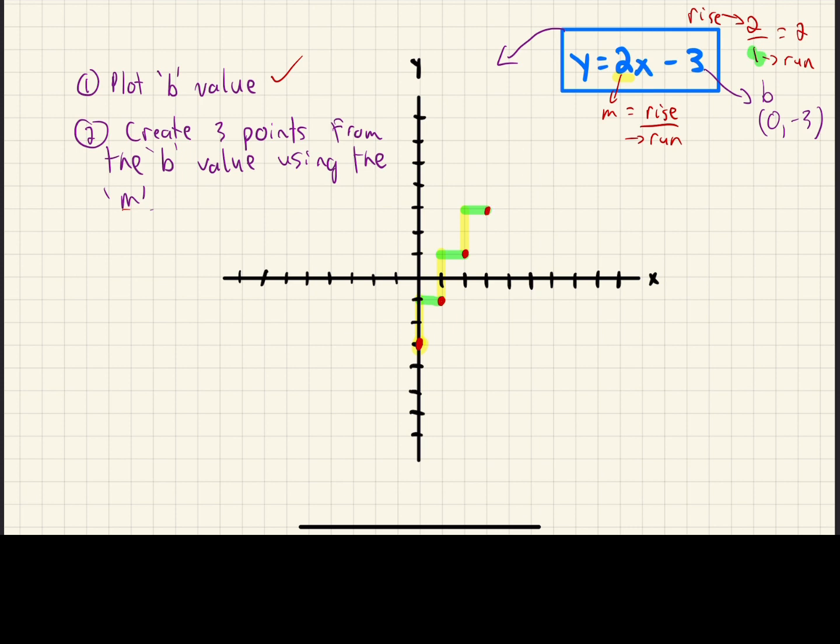Once I have that, I can connect the 3 points for that straight line. And then that line over here is the graph of that function. So I plotted the b value, created the 3 points using the slope from that b value, and that gave me the line of that function.